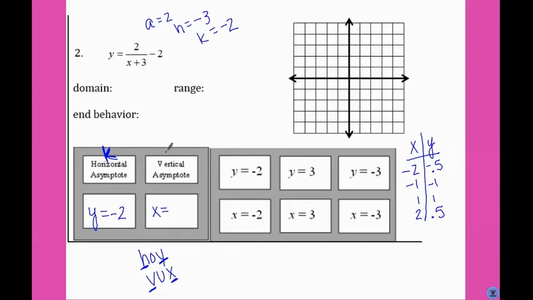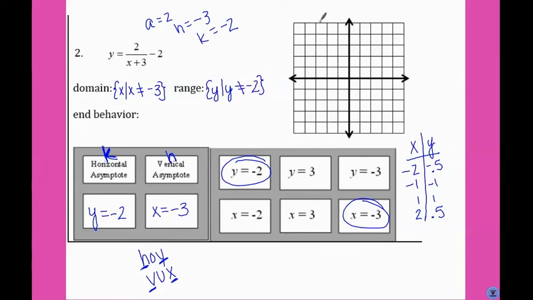Your vertical asymptote is your h value. H is -3. So based on those, we should know that our domain is x such that x does not equal -3, and our range is y such that y does not equal -2.